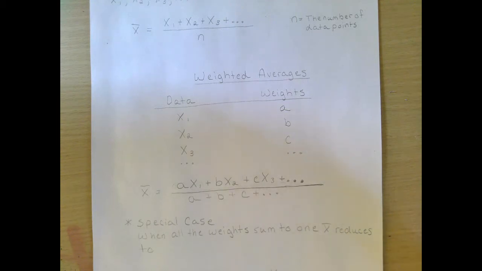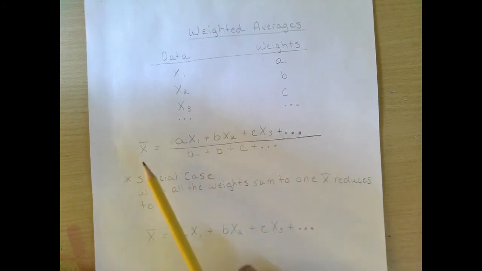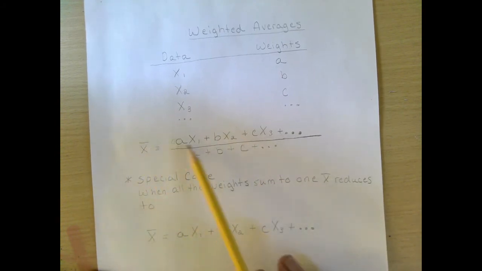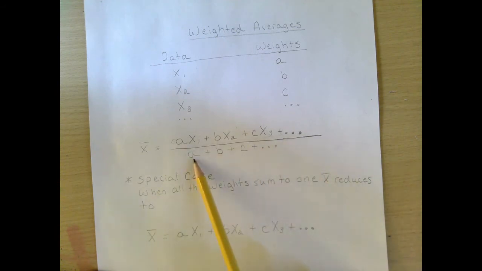The exams are worth so much percentage, the quizzes are worth so much percentage, and I add up all of the different points that you got, multiply them by their various weights, and then take an average to calculate your final grade. So with the weighted average, we multiply each data point by its weight, add them all together, and then divide by the sum of all the weights.